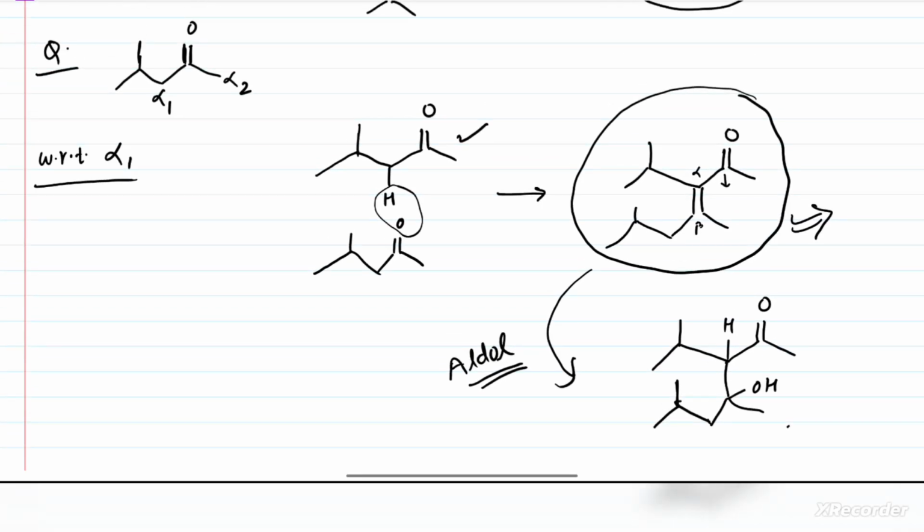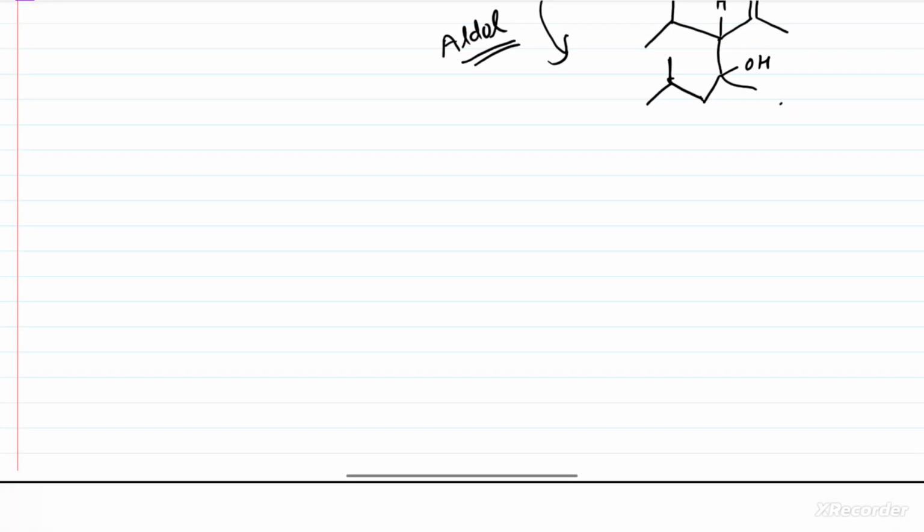Now let us write with respect to alpha 2. Again I will take the same compound which I started with. Since this is alpha 2, I will remove this alpha 2 hydrogen and write the same product below this one.